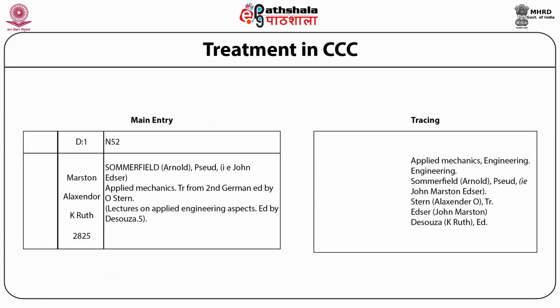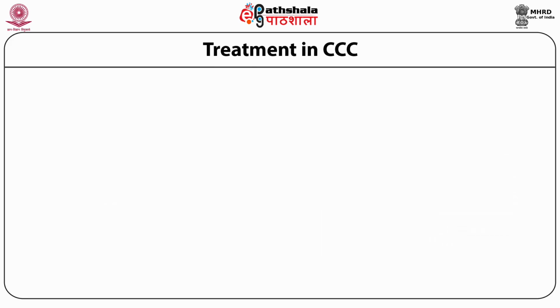In the main entry of CCC, all these sections have been recorded as per rules discussed in Module 11, that is, types of entries of classified catalog according to CCC.